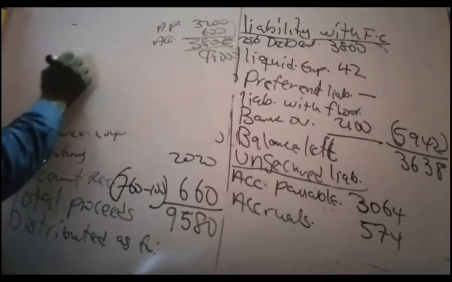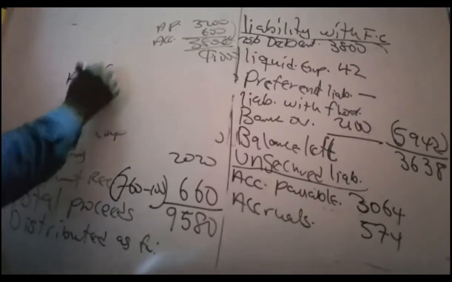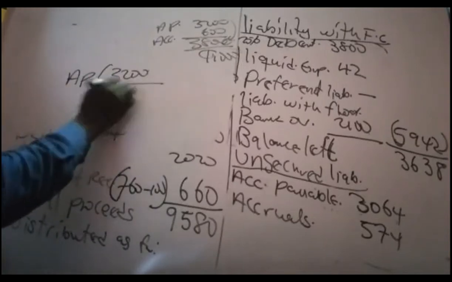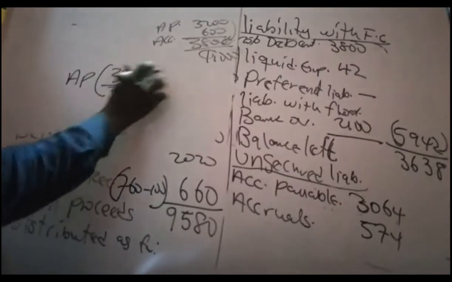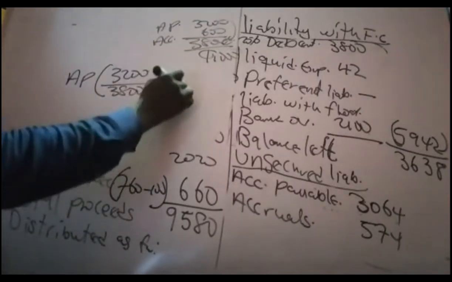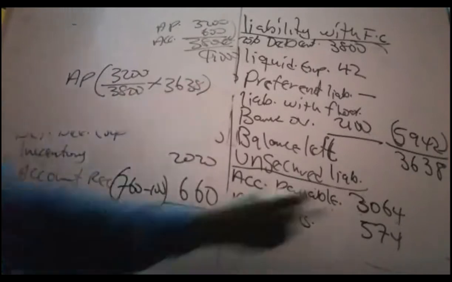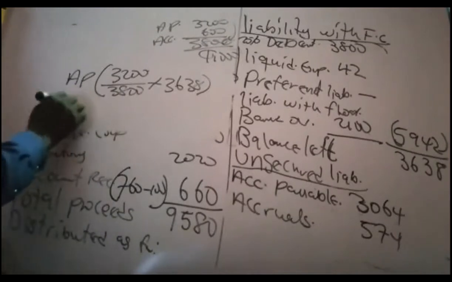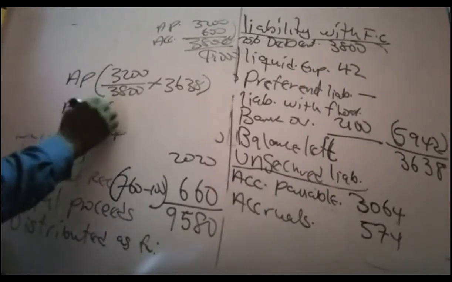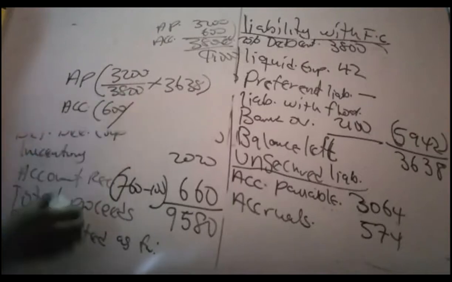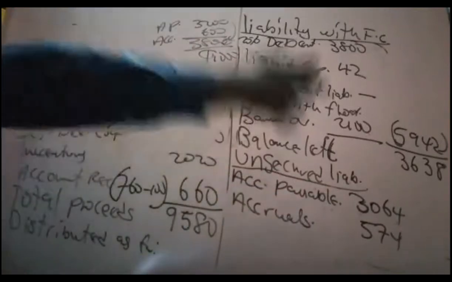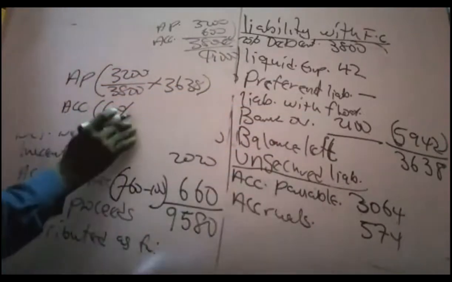So account payable will take 3,200 out of 3,800 times the amount left, 3,638. Whatever you get, you put it in. That's the 3064. Then you go to accruals. Accruals will take 600 out of, in fact, if there are only two, and the first one is 3064, just subtract it from the total and get the remaining balance, put it there. Good.